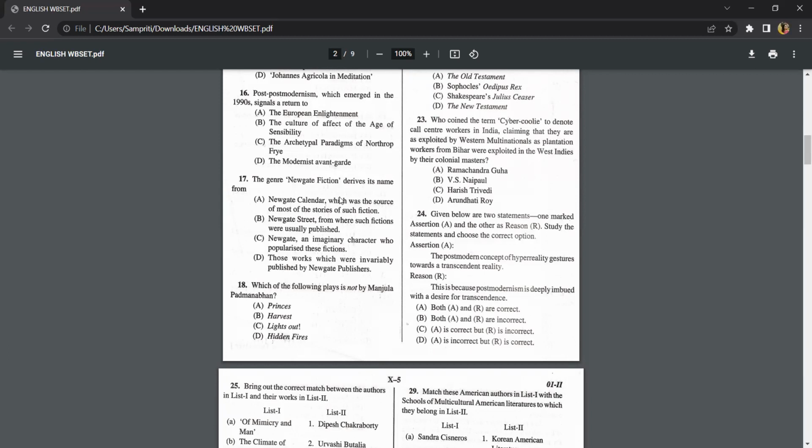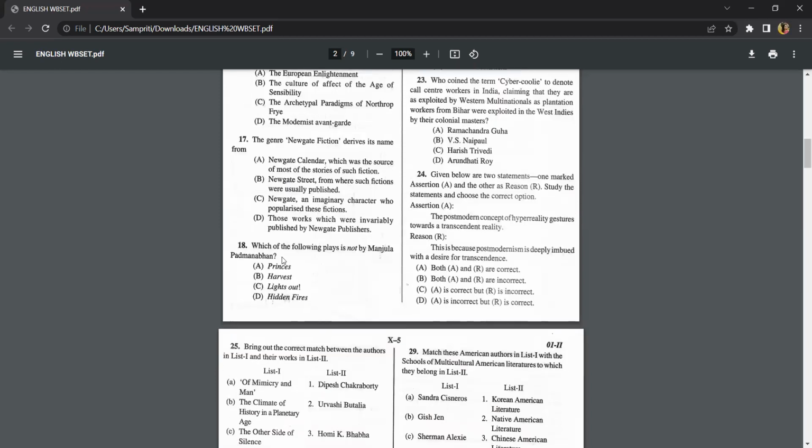And they primarily eulogized or glorified criminal lives, okay? Focusing on criminal lives. So that's Newgate novels. And it came from the Newgate Calendar. Option A is the correct answer. The Newgate Calendar was the source of most of the stories of such fiction.